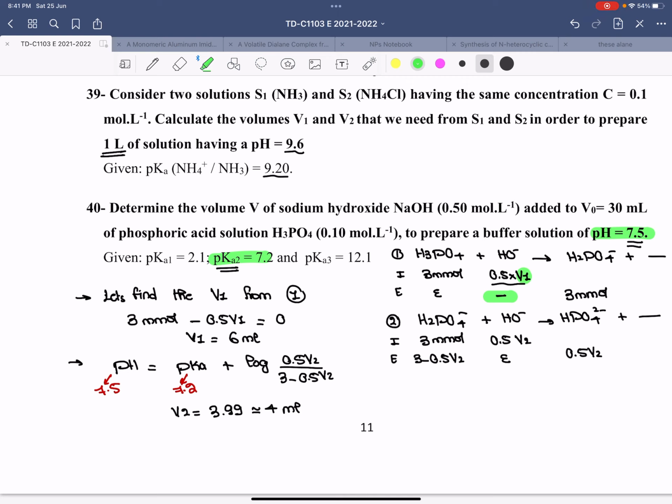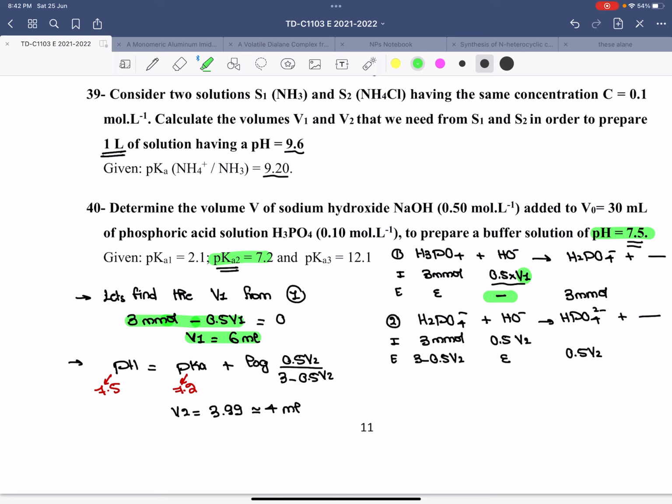You find the volume that worked in the first reaction by simply saying 3 millimole has to become zero because H3PO4 is completely neutralized, since I left its predominance domain. So 3 millimole minus 0.5 V1 has to equal 0. So you basically find V1, which is 6 milliliters.